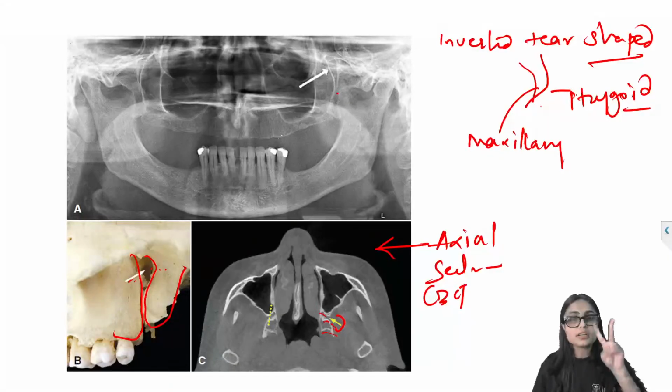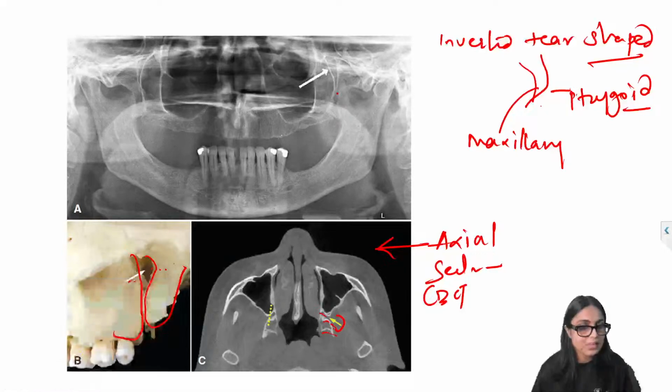Next, two important landmarks that I would like to tell you are these two radiopaque lines. Anybody who knows can post it in the chat box. This is the first radiopaque line, and this is the second radiopaque line.